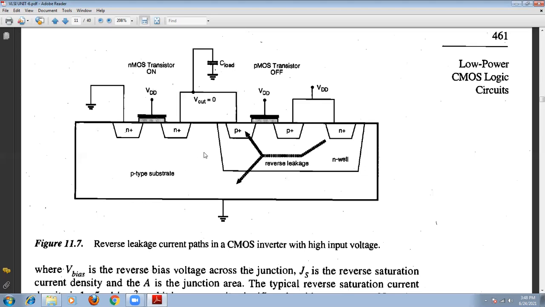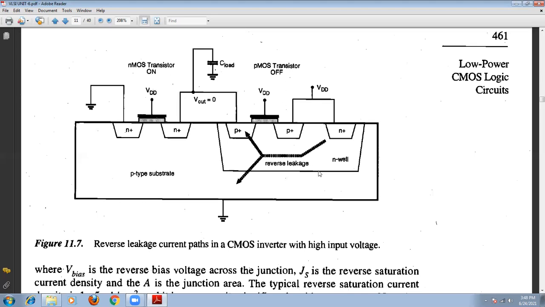For example, assume this is the CMOS inverter circuit. This is the NMOS transistor, the pull down transistor, and this is the pull up transistor.